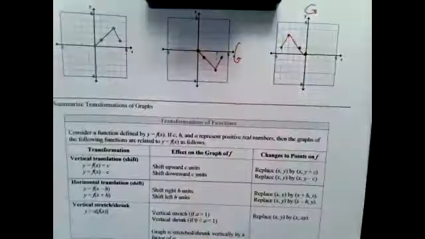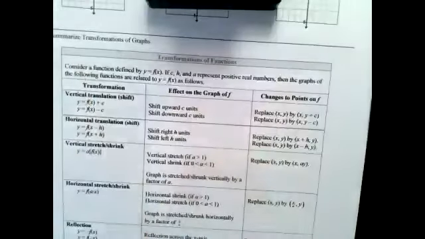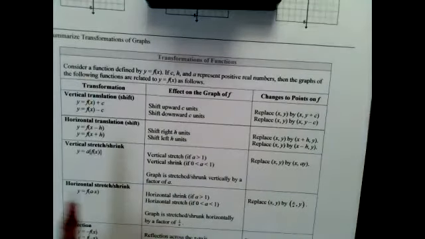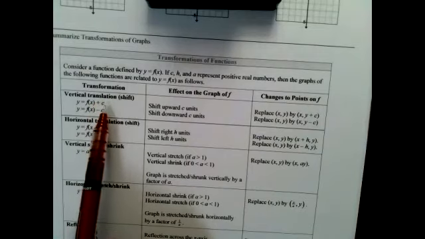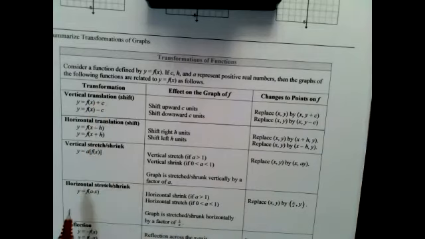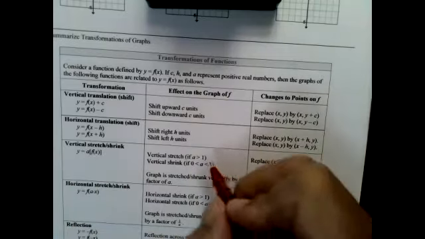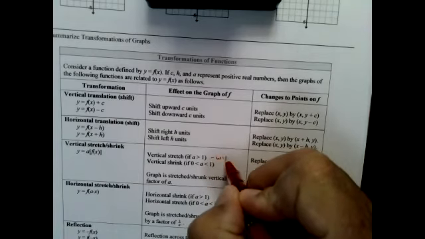So all that we just talked about is in all this wording. We talked about the K, moving it up and down, the H, moving it left and right, the A, how it made it skinnier or wider or even flipped it, right? When it was greater, then it was wider.